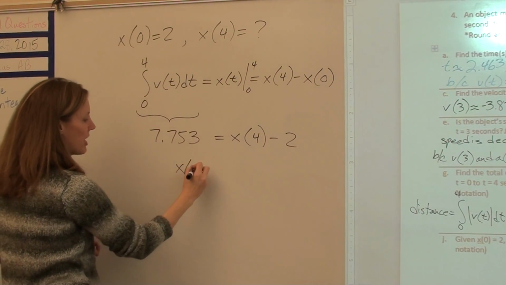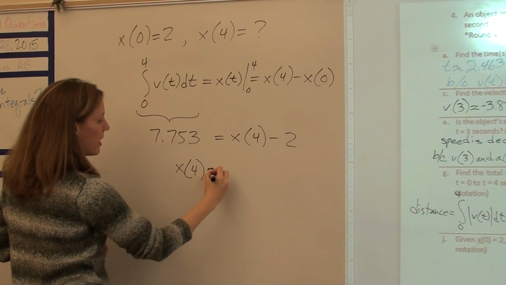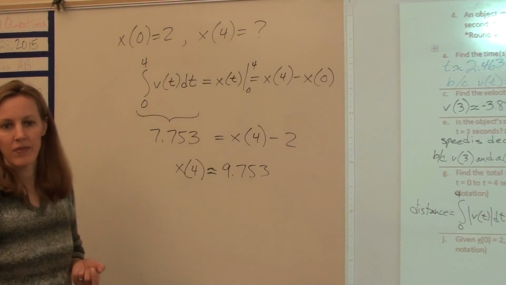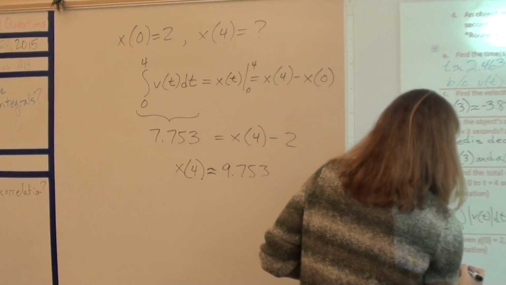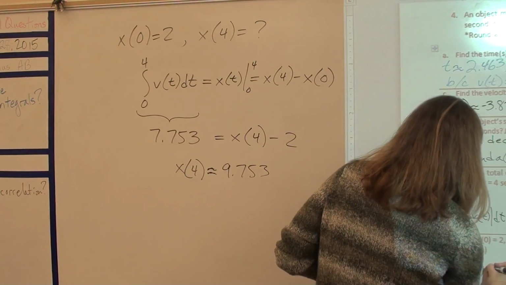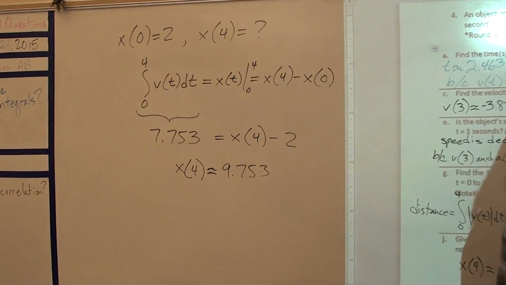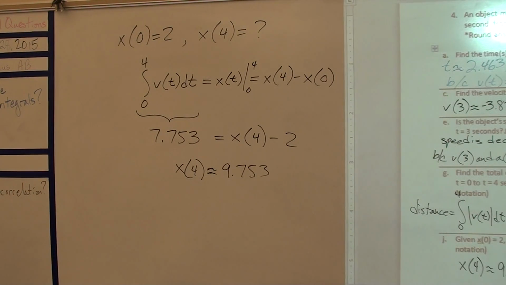So x of 4, you just add 2 to both sides, x of 4 is around 9.753. Does that make sense? Because you're going to need to know that.